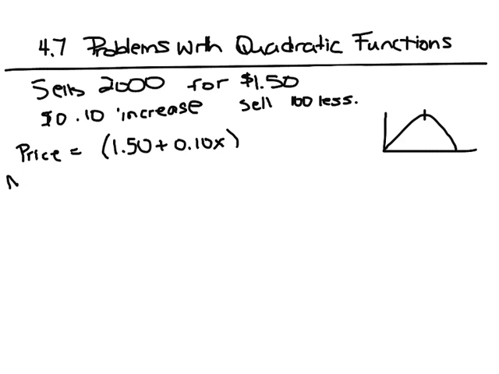The number sold, I'm just going to put number, is going to be equal to 2,000 minus 100 for every increase. So those are our two equations. And our revenue, let's call it R, will be the two of them combined, the price times the number sold.